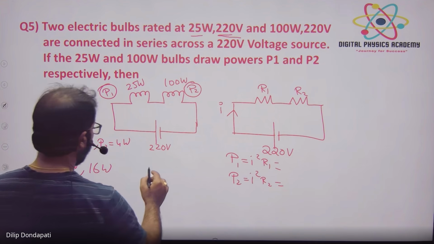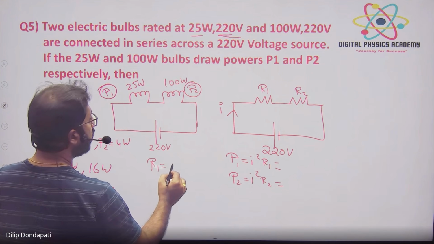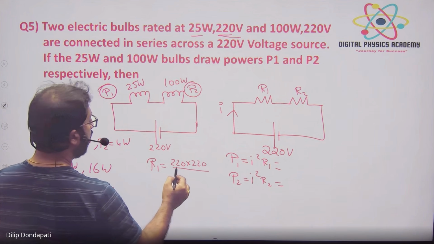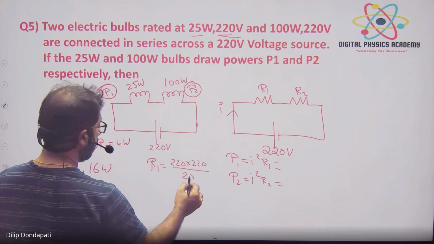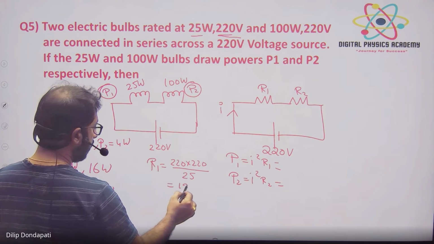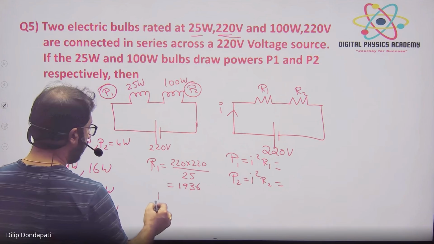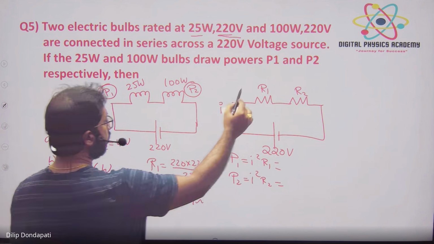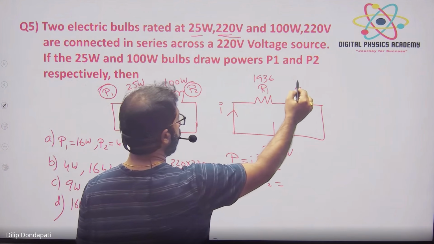So how much is R1? V square by P, P is 25 watts. So 1936. And R2? 484 ohms. Now this is 1936 and 484 ohms.